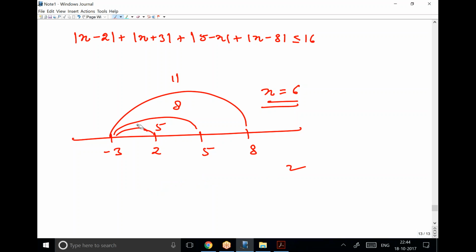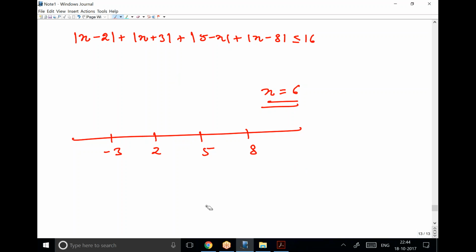So at minus 3 it will become minus 2, decrease of 2, minus 1 again decrease of 2, 0 decrease of 2, 1 decrease of 2, and finally 2 decrease of 2. So we have to find out ultimately at 2 how much distance they are covering together here.